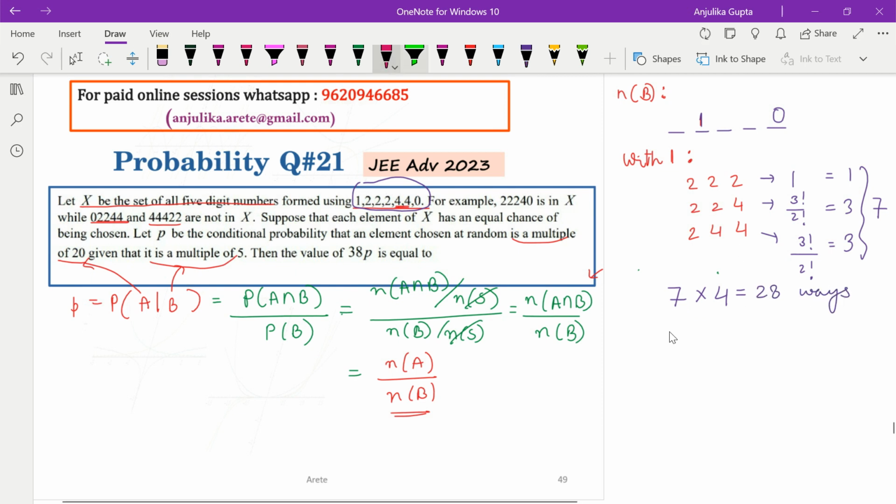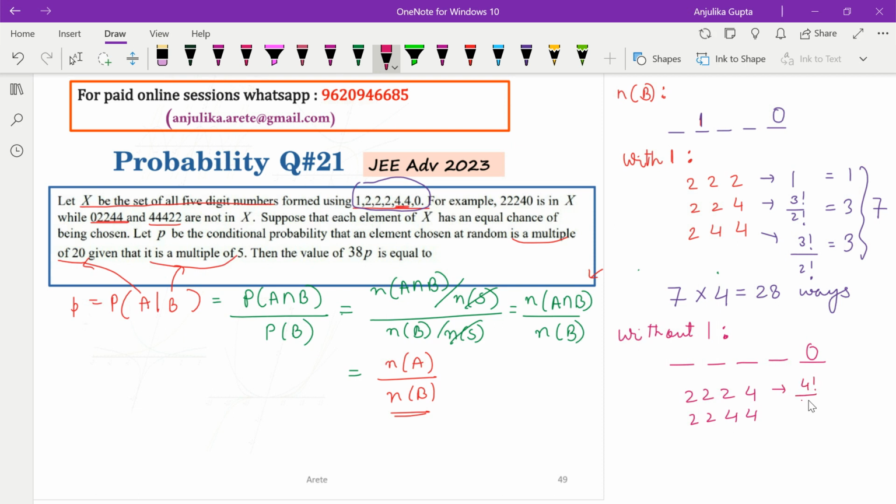Next, without a 1. Now tell me how many ways you can fill the 4 places if you're not using a 1. Of course, you can use all 3 twos given to you and a 4, or you can use 2 twos and 2 fours. That's all. You don't have more options. So how many ways? 4 factorial over 3 factorial, which is 4.